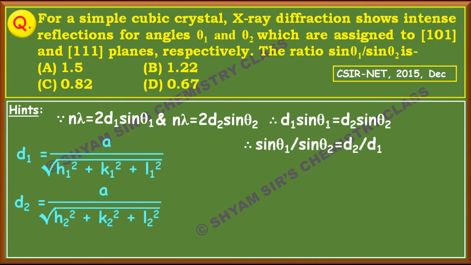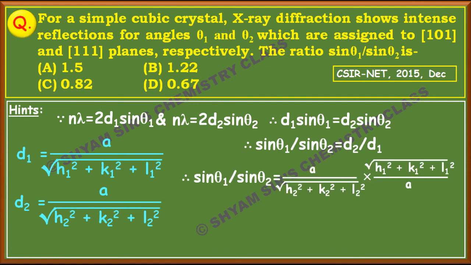Now come to the previous equation, sin theta 1 by sin theta 2. If you put the values of d1 and d2 here, you will get sin theta 1 by sin theta 2 equal to a by root over of h2 square plus k2 square plus l2 square, into root over of h1 square plus k1 square plus l1 square by a. So a will be cancelled since they are the same.